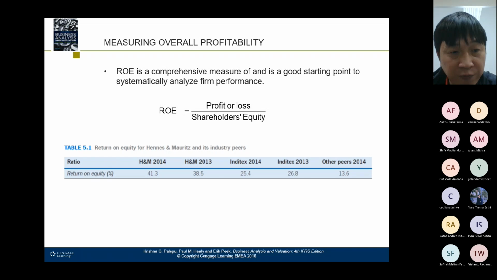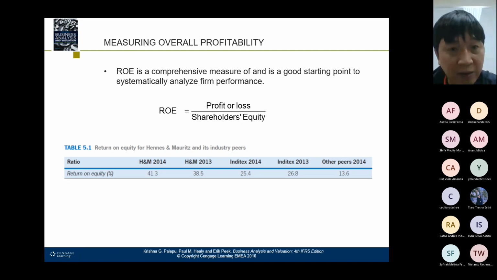Table 5.1 shows H&M's performance, the ROE, in different years: 2014 and 2013, Inditex also at 2014 and 2013, and other peers just for 2014. The definition of ROE is profit or loss over shareholders' equity.